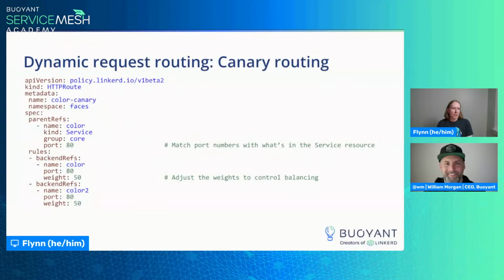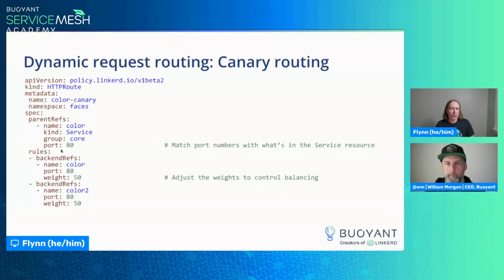Yeah, so this is a simple example of what a route would actually look like to do a Canary deployment. And we'll see a little bit more about this in the demo, but the main things to be aware of really are: you need to be careful with the namespace. In general, the route needs to be in the same namespace as the services it's modifying.